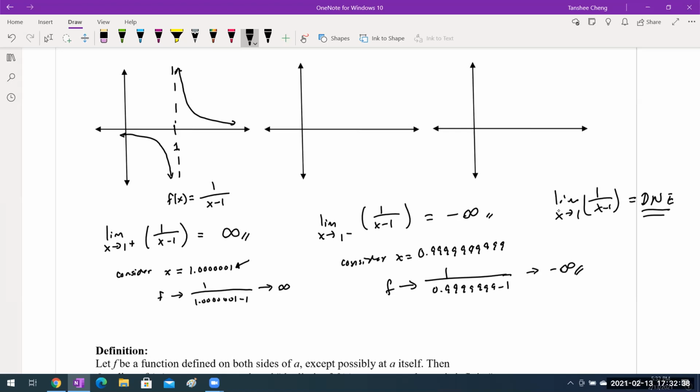Now, another example that I'm going to give you is one where I can talk about the direction of the limit. For example, again at 1 right here, there's a vertical asymptote. And my function will be g of x is equal to 1 over (x minus 1) squared.